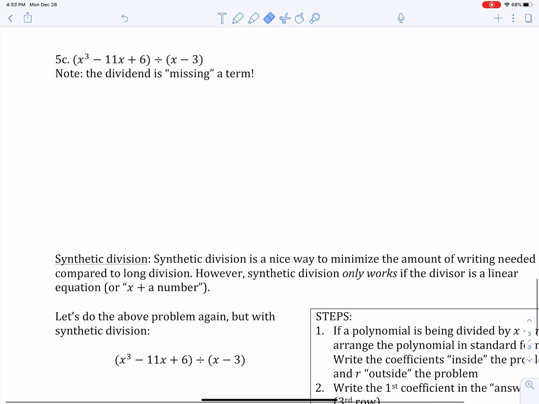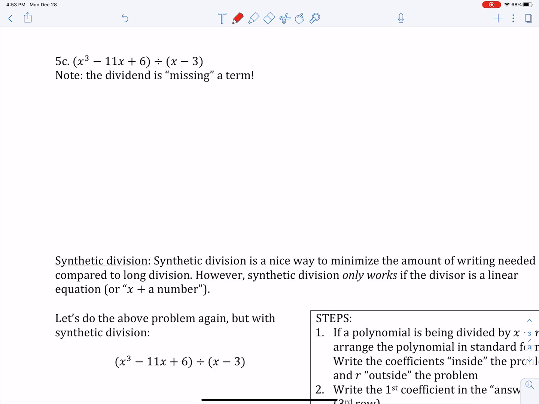So 5C here, the dividend is missing a term. So I would have to use a 0 as well. So the same thing we had to do above. Our divisor is x minus 3. And then our dividend is x to the 3rd power.